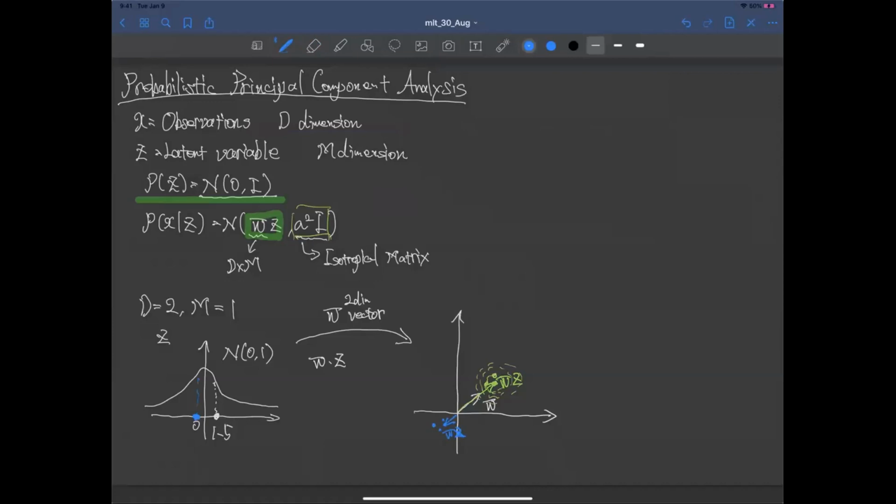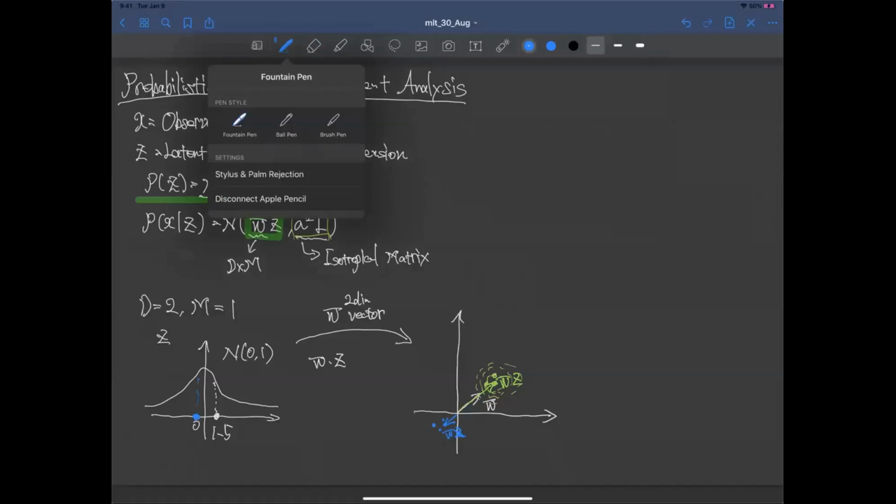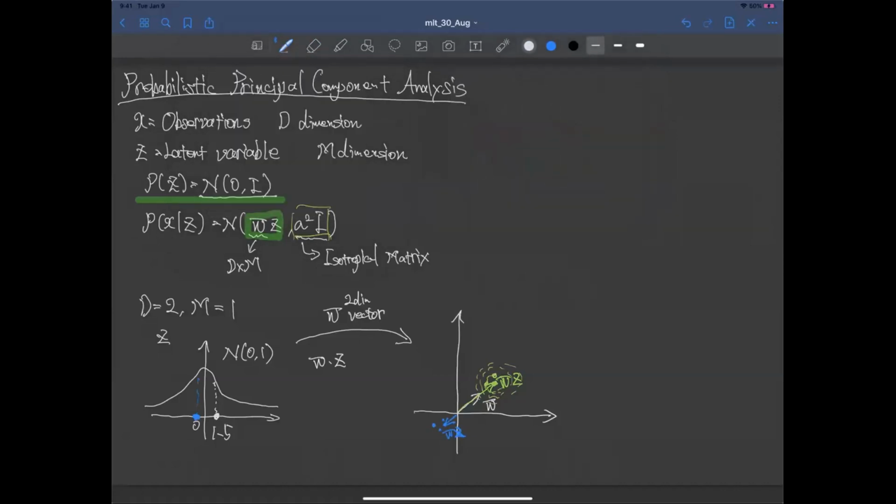Then the data will be distributed like this.